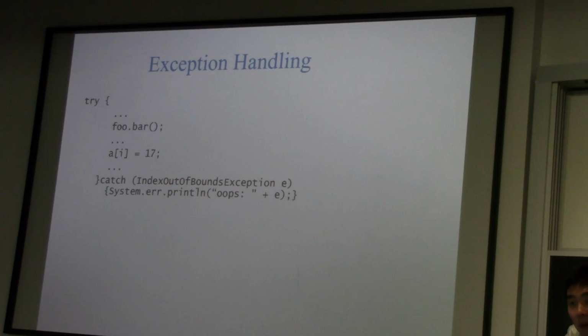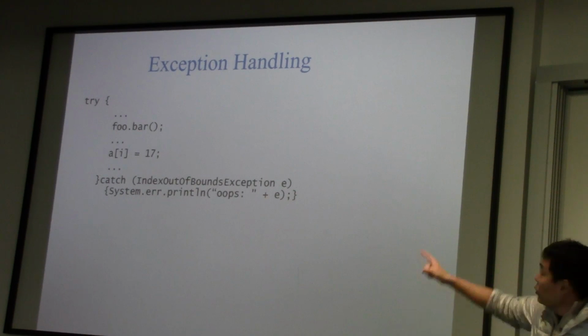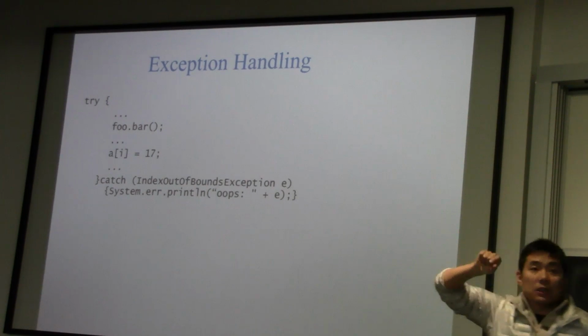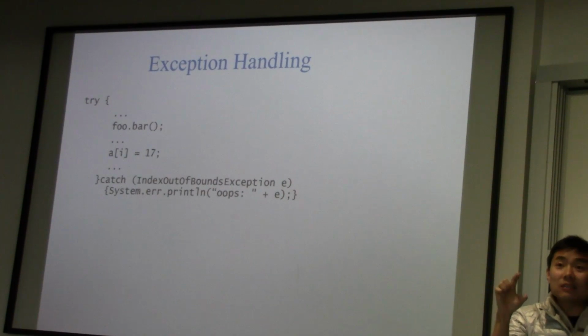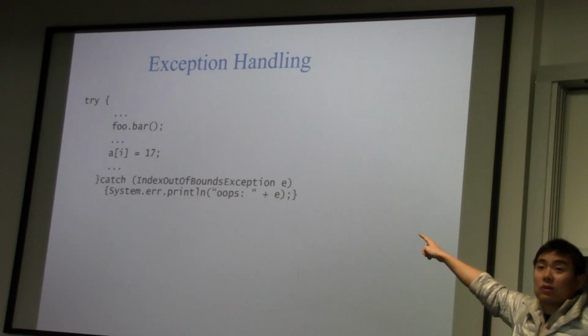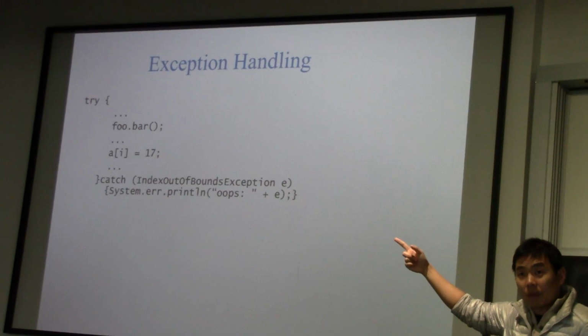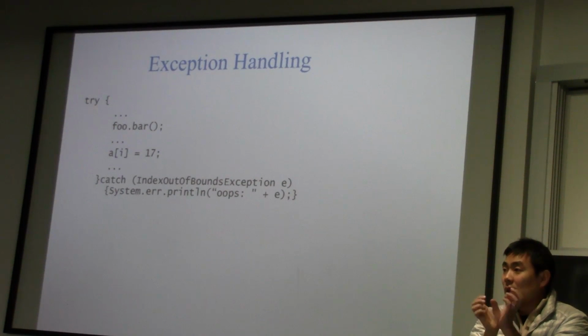You can be very specific in terms of the exception you try to catch, like what we do here. But the problem is if that class foo.bar potentially throws some exception, either by the method itself or whatever is going on inside the method, you are not able to catch those exceptions. And the compiler will still complain about that, because you are only catching the index out of bounds exception.